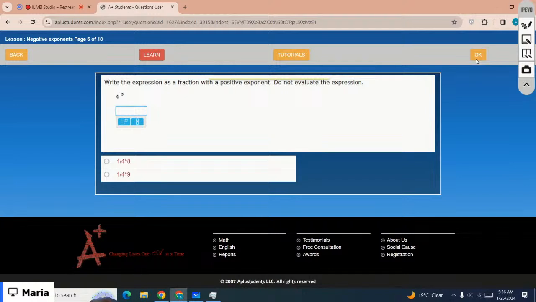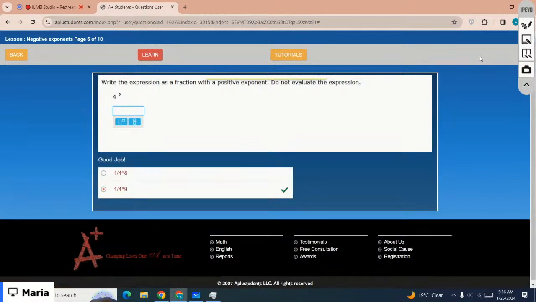You have to write with positive exponent, right? So you can write it as 1 divided by 4 exponent 9. Option number 2 is the correct option.